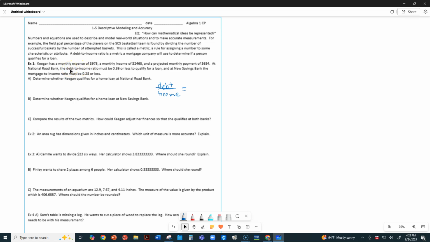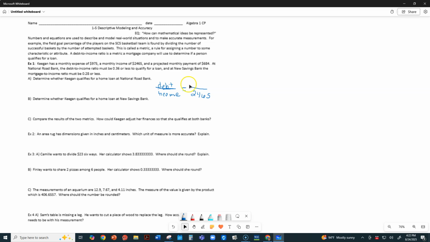So his, it says here that his monthly, what do we have? We have expenses, we have monthly income. Okay, so we know that that number goes on bottom. And so we're going to put 2465. That's how much he makes a month.